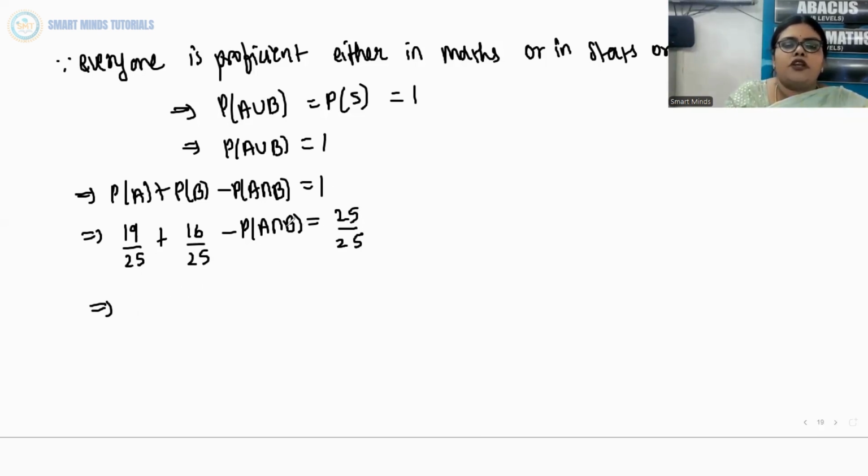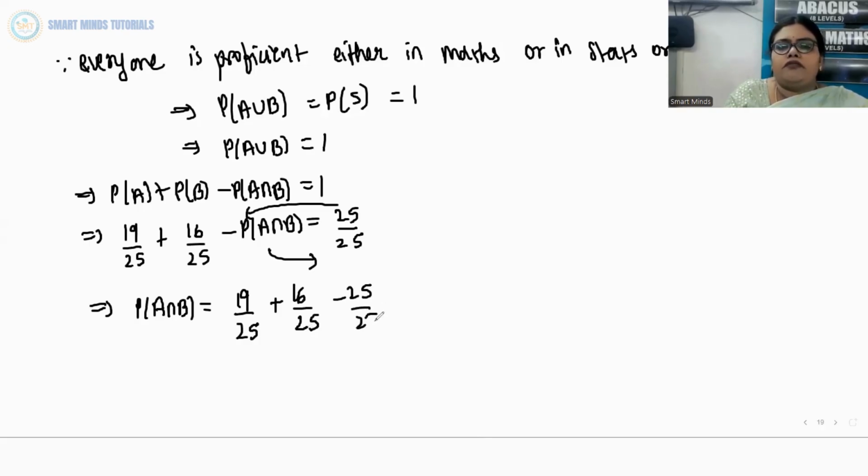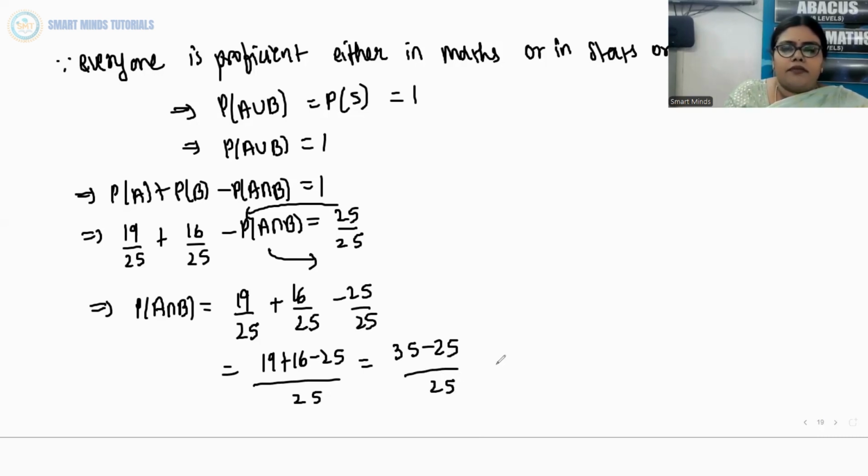Now I'm taking this P of A intersection B to the other side, 25 by 25 this side. So P of A intersection B is equal to 19 by 25 plus 16 by 25 minus 25 by 25. Add the numerators, 19 plus 16 minus 25 by 25. That is 35 minus 25 by 25. That is 10 by 25. 5 twos are 10, 5 fives are 25. So the answer is 2 by 5.